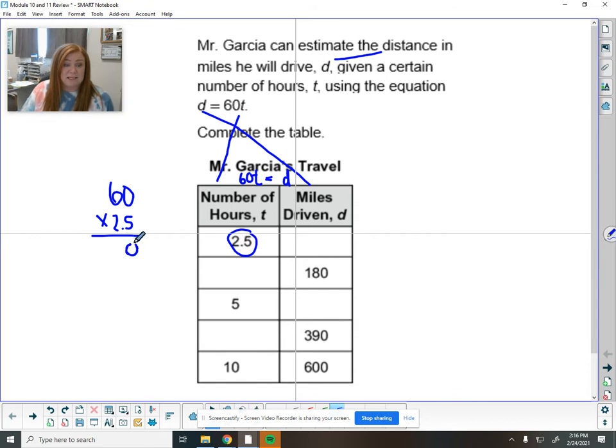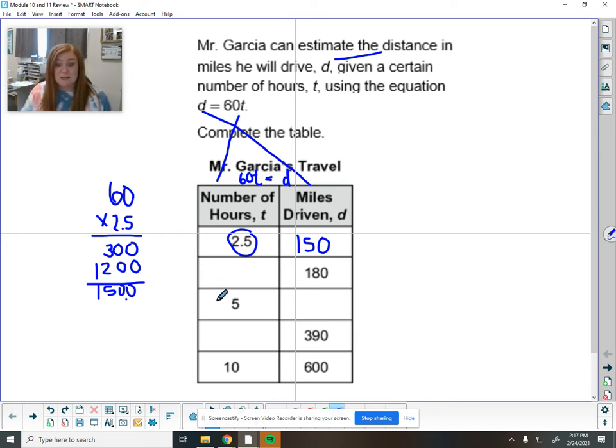So it looks like 1500, but don't forget we have this decimal here. So after 2.5 hours, he can drive 150 miles. So I am noticing a little bit of a pattern here, but that does not mean that they made this go in a set pattern.